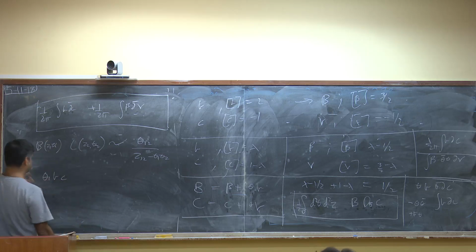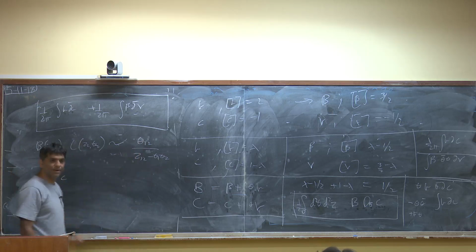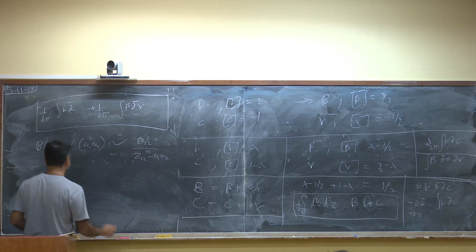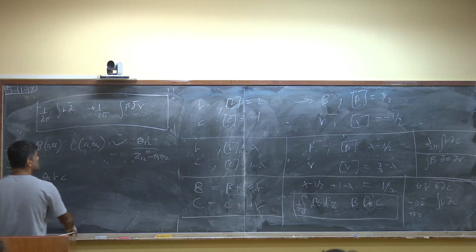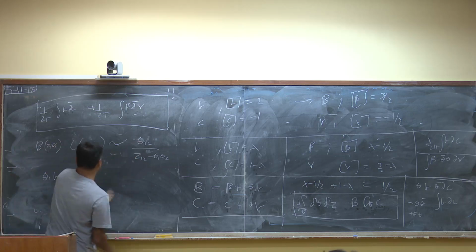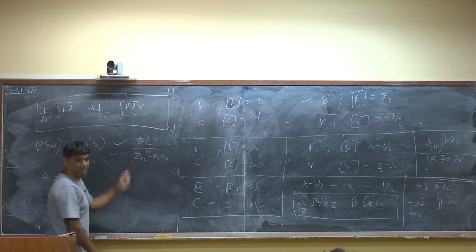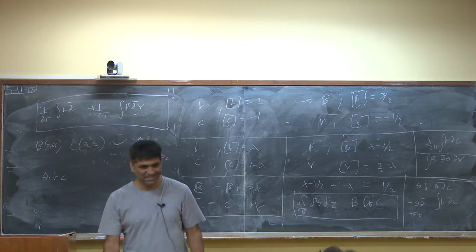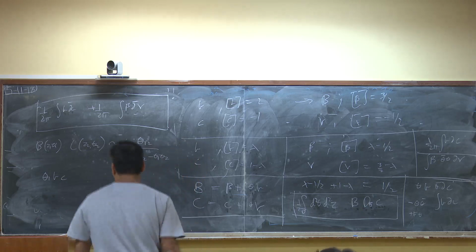So theta 1 outside, just theta 1 is equal to the coefficient of theta 1. So this will really be BC. Okay, so now we just have to take the coefficient of theta 1, which is just 1 over Z12. And that's perfectly right for the BC system. So this is exactly correct.